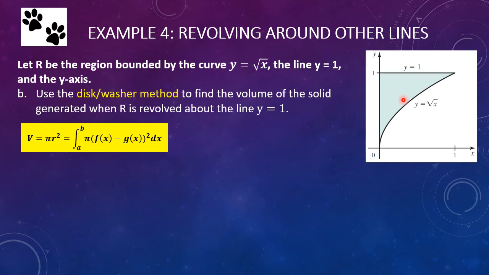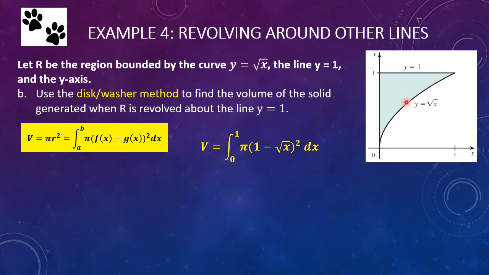So when we look at this function, we can see that when we're revolving around y equals 1, the radius is going to be from that center point where we're revolving out to this other function, the square root of x.